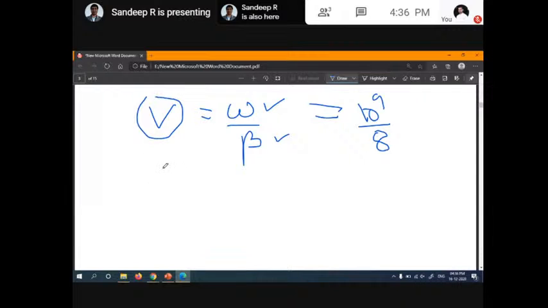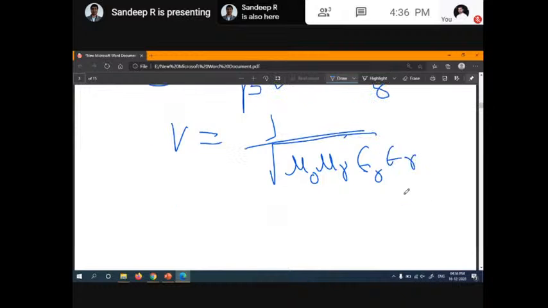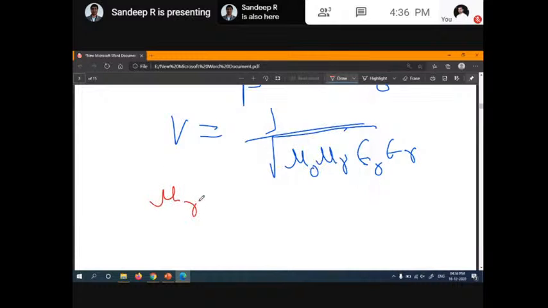We can also write the expression for V. V is equal to 1 by root of mu naught mu r epsilon naught epsilon r. Since it is a non-magnetic medium, mu r will be equal to 1. You have to find the value of epsilon r, that is the dielectric constant.